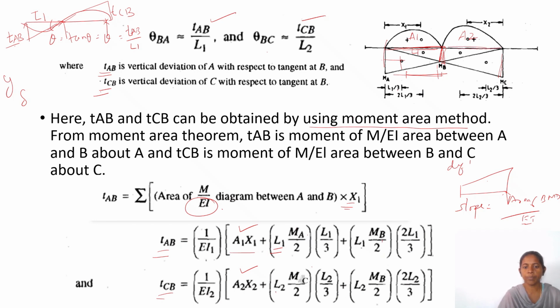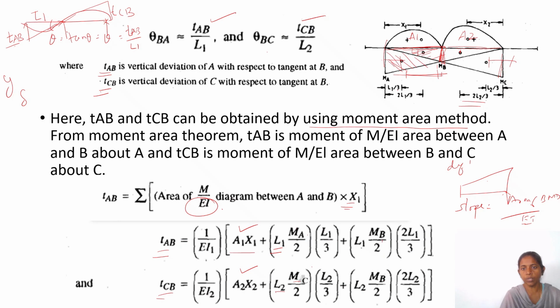So half into B into H into, from C, L2 by 3, plus the middle moment MB, which is common for both the spans L1 and L2. So MB into half into L2, half BH into 2/3 of L2 by 3. You consider this triangle and this triangle separately.